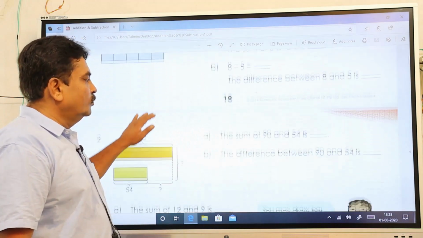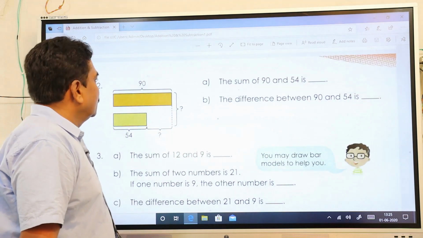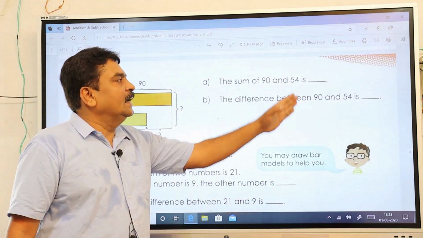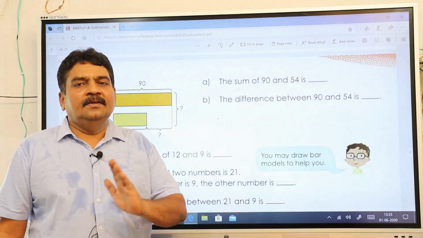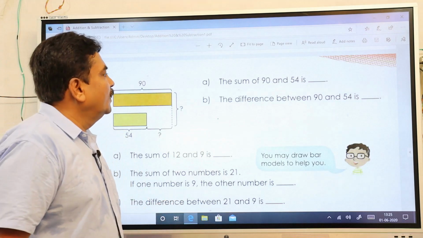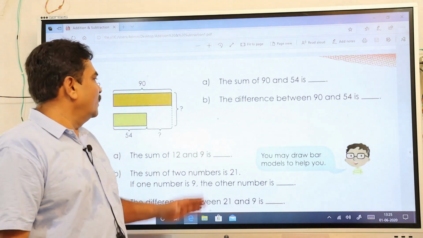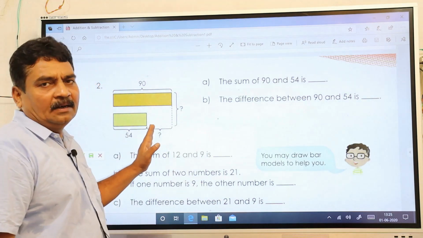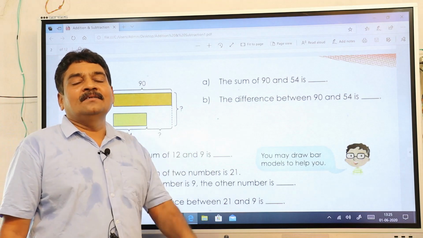Let us go to the next one. Here it has come. See, the sum of 90 and 54. So how are you going to do 90 and 54? Let's see. Whatever the thing is here, first try to put it in a place value table.